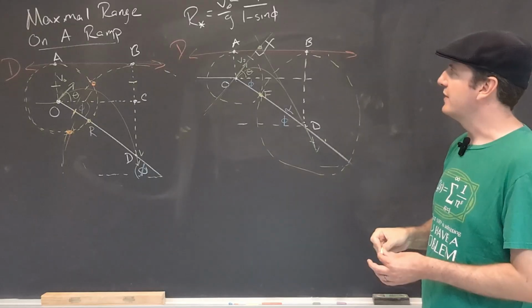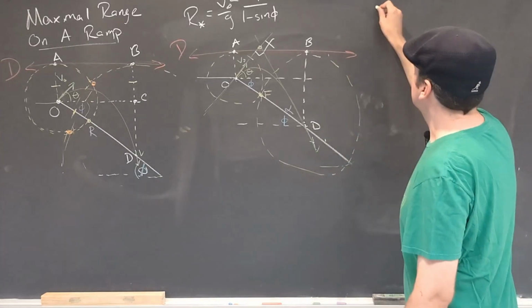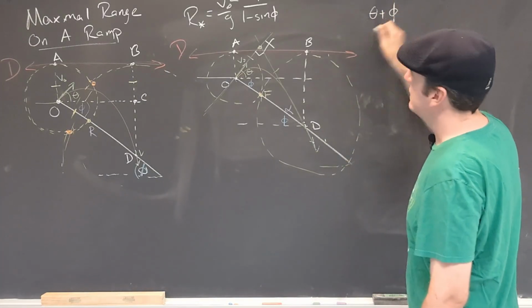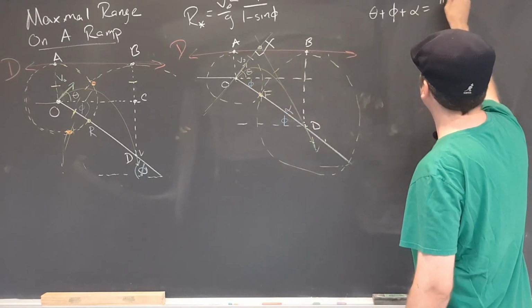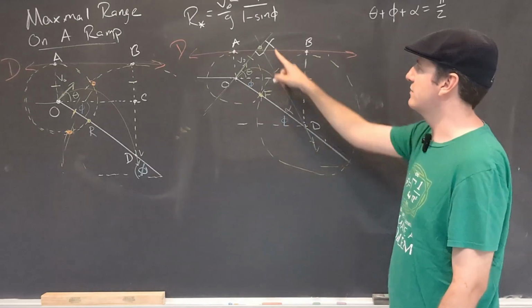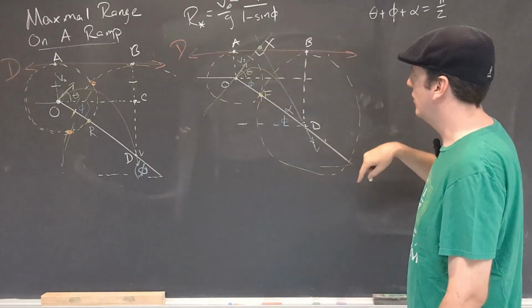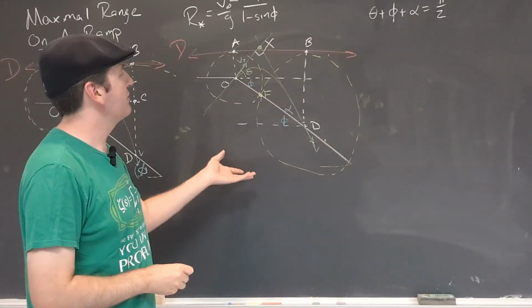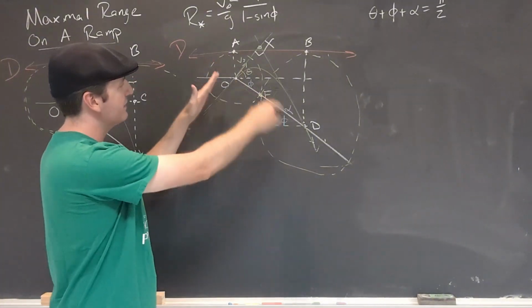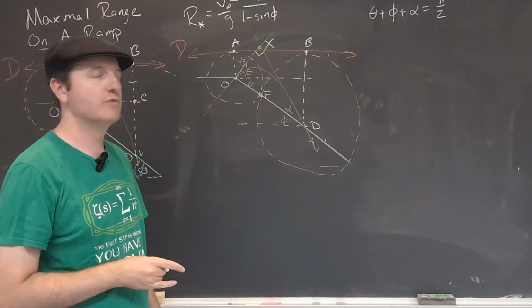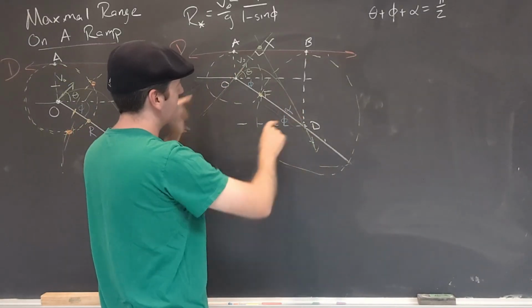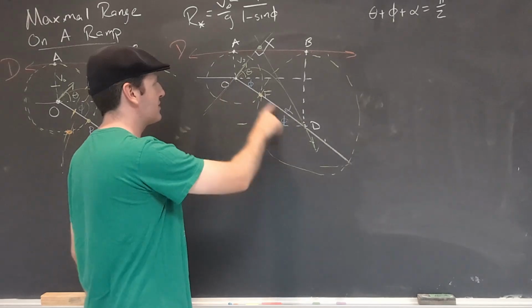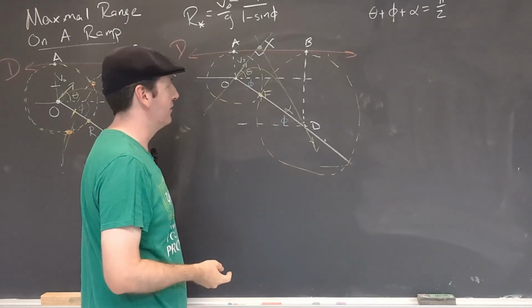And then we can see a couple things. We can see that theta plus phi, that's this whole angle here, plus alpha has to be 90 degrees because of this right triangle OXD. My second relation is going to come from the tangent-secant property that we proved earlier that says that the slope of these 2 tangents at the ends of this chord have to average to the slope of the chord itself.